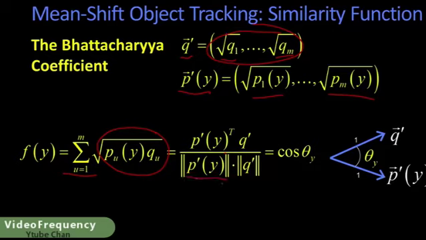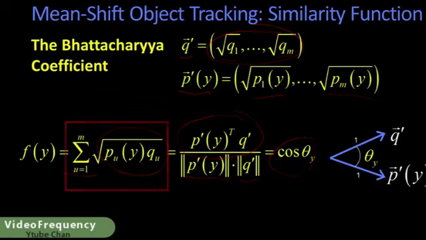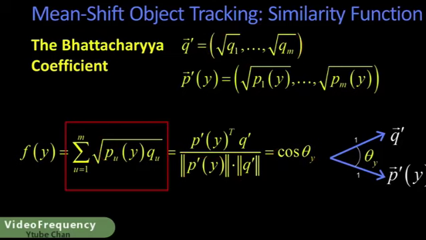So these magnitudes here, those are 1. So that means you just have this. So basically, you're computing the dot product, the cosine of the angle between the square roots of those distributions. And that sum of the square roots, the thing in the box here, that's what's referred to as the Bhattacharya coefficient. It's just a way of comparing distributions, and so that's what they did.